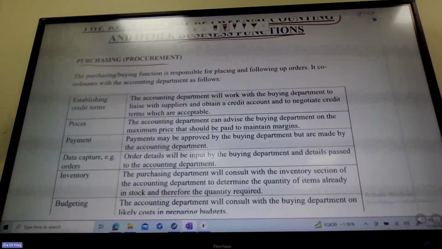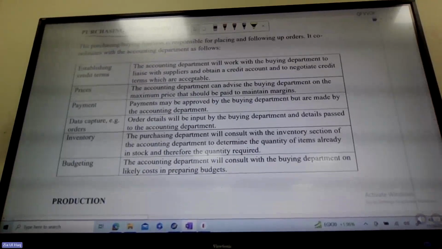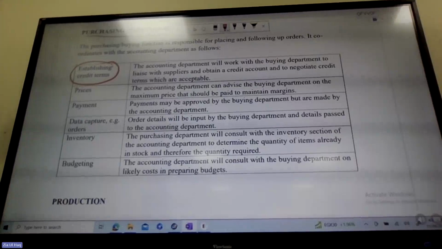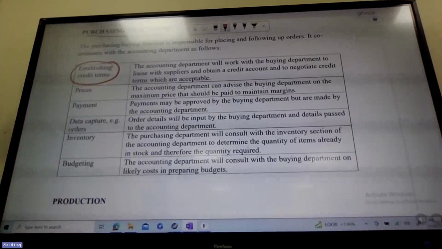The purchase buying function is responsible for placing and following up orders. It coordinates with the accounting department as follows. Establishing credit terms. This means the purchase department requires information from the accounting department on how many days we should request credit from the supplier.